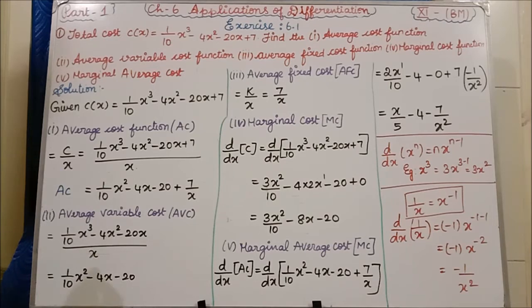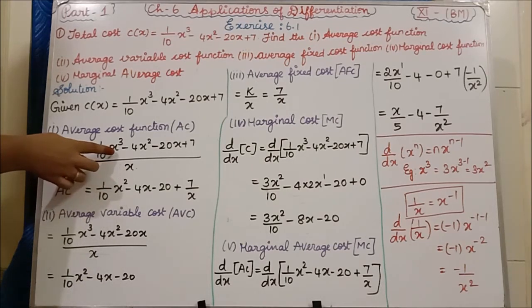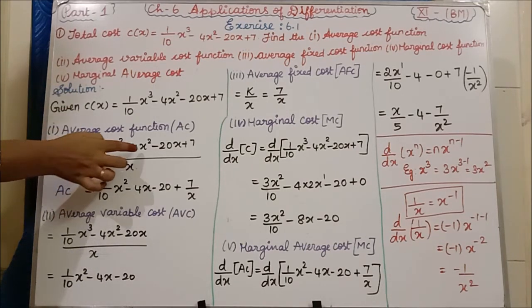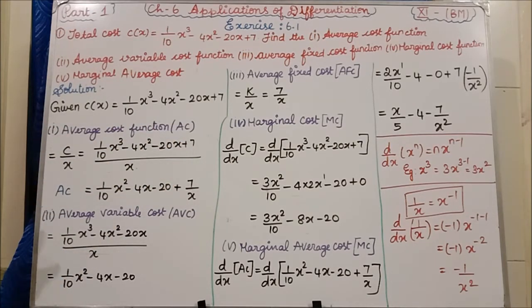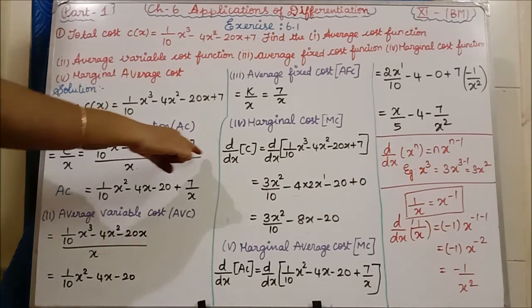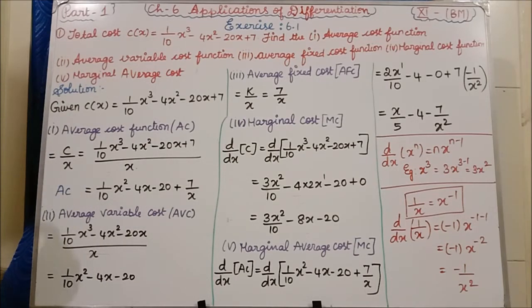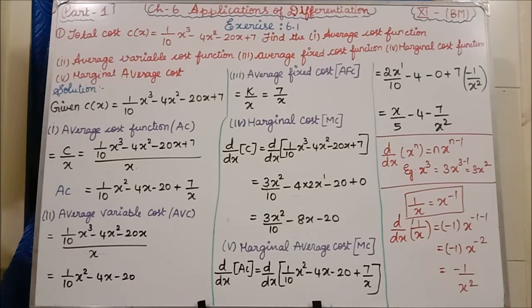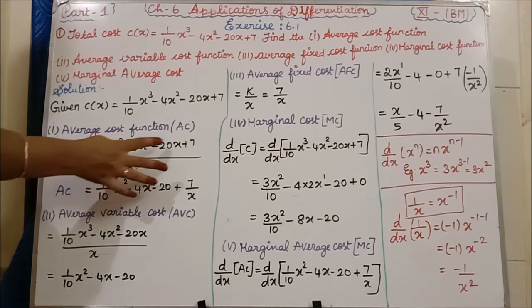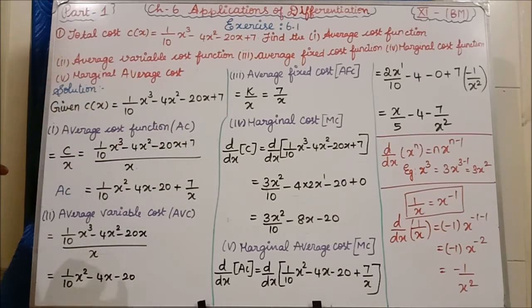See, dividing by x means this x is common for each term: this term, this term, this term, this term. For everywhere this x is common, so I have written it all divided by x. You should not cancel only this x. This x is for each term. So how do we cancel?